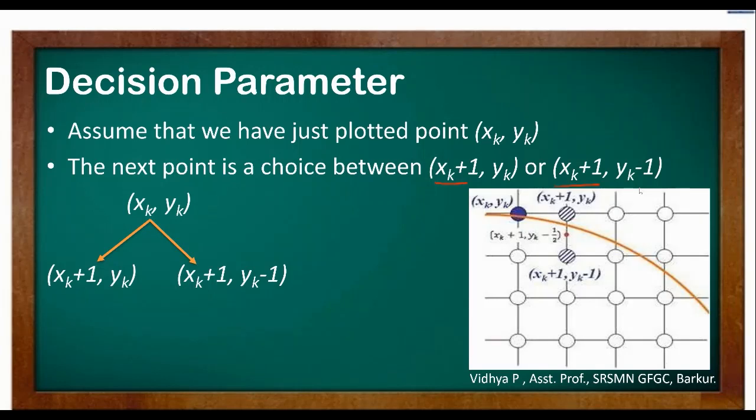To decide, we consider the midpoint between these two candidate points, xk plus 1, yk and xk plus 1, yk minus 1. This midpoint is xk plus 1, yk minus half.